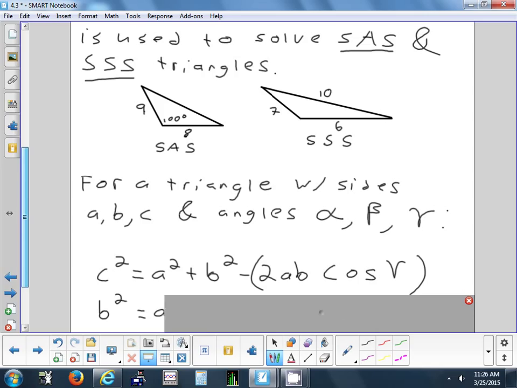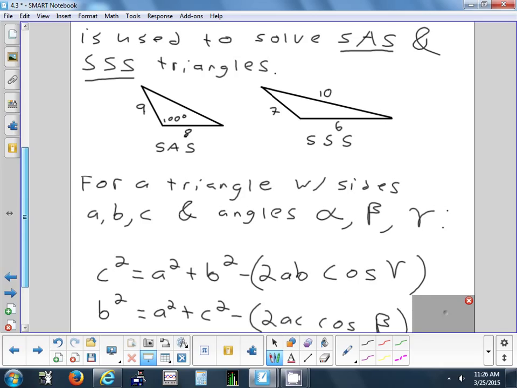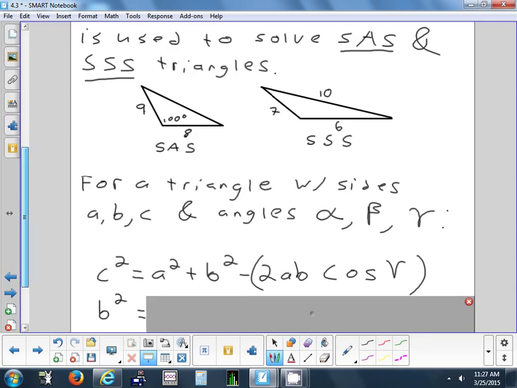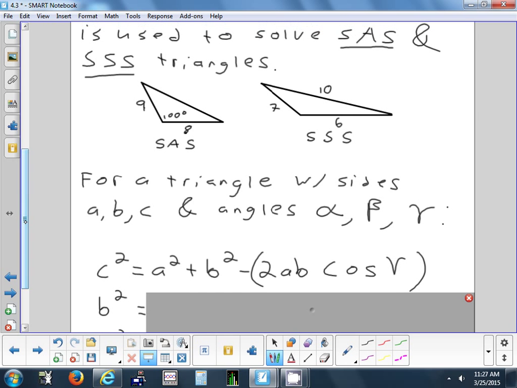So it's b squared equals a squared plus c squared minus 2ac, the letters you just used, cosine beta, the angle that's across from the side you started with. That's not a different formula, it's just a way of rewriting the top one. They're both law of cosines. And what do you think the last one is going to start out with?